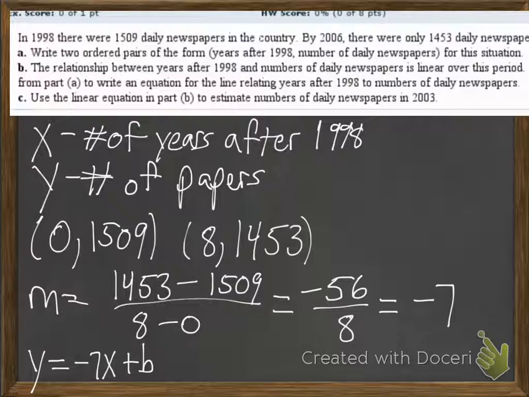And then we need to find our y-intercept. Well, you could pick either point, or if you're really paying attention here, realize that by how we've set this problem up, one of those points is actually our y-intercept. That 0, 1509 is our actual y-intercept of our equation.